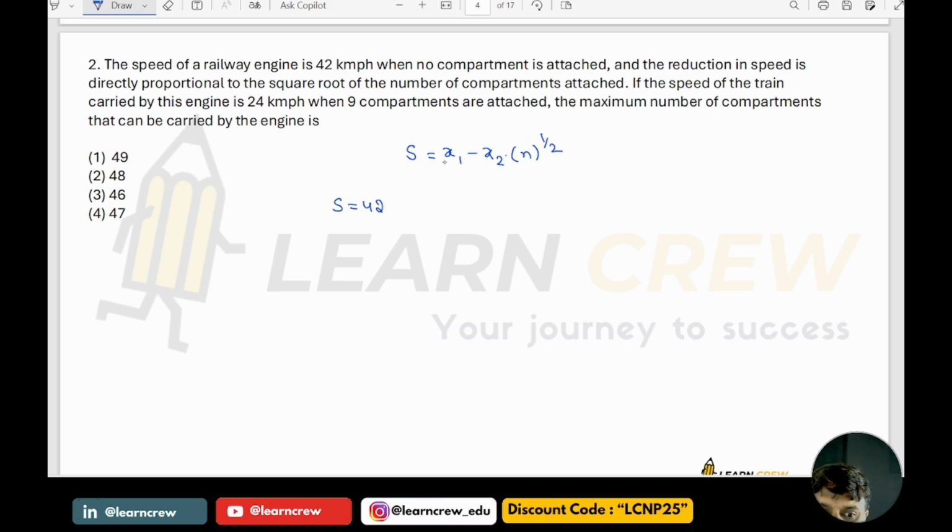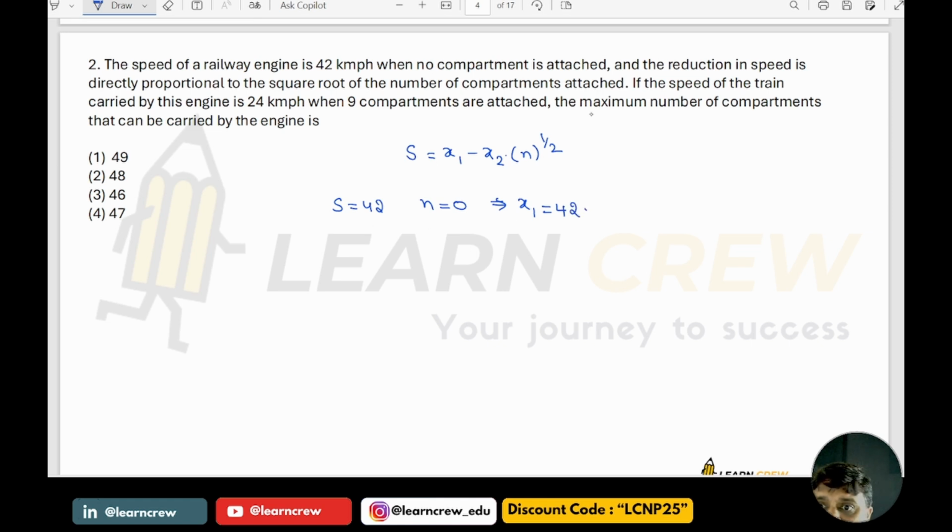If you observe here, S is equal to 42 if n is equal to 0, no compartments. Then what is the value of x1 you are going to get? You get x1 as 42.